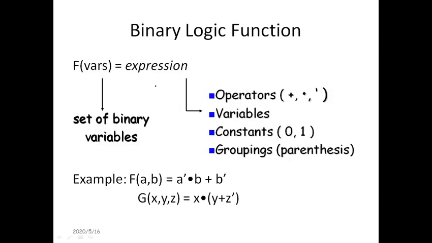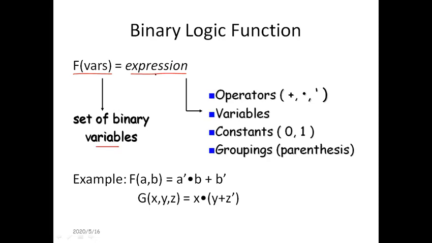So let's look at the binary logic function. The binary logic function takes the form f, then in brackets you have binary variables, is equal to the expression. So in the brackets on the left-hand side of the equal sign, you have a set of binary variables.